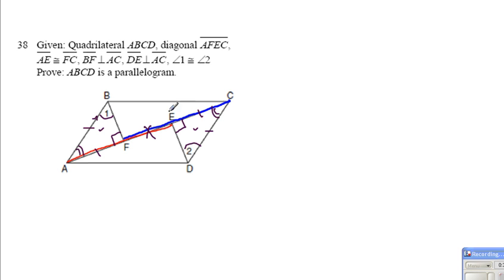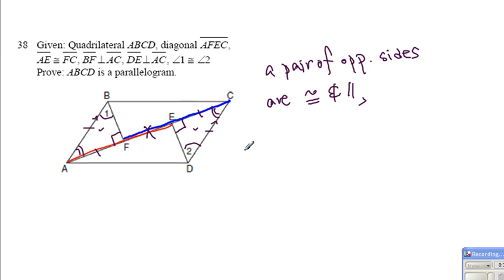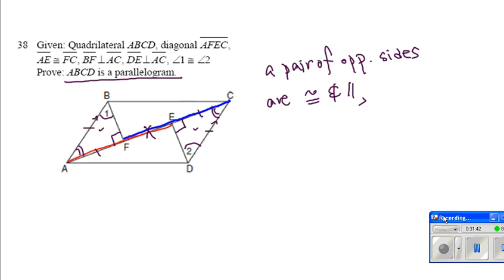Therefore, lines AB and CD are also parallel. So when a pair of opposite sides are congruent and parallel, then it is a parallelogram. That's the last one which we could have proved. All right.